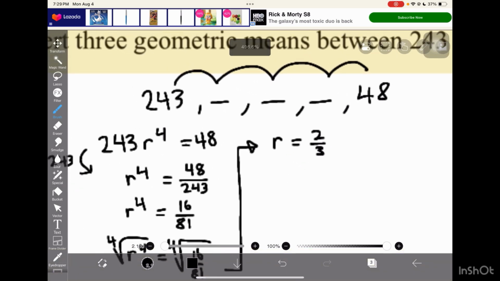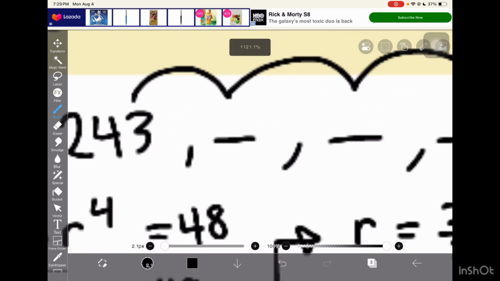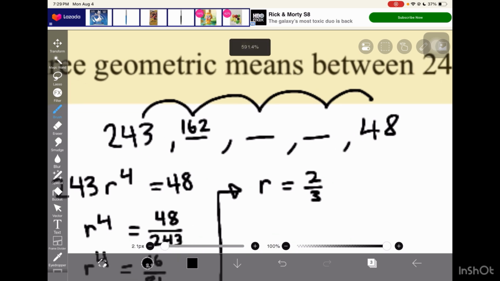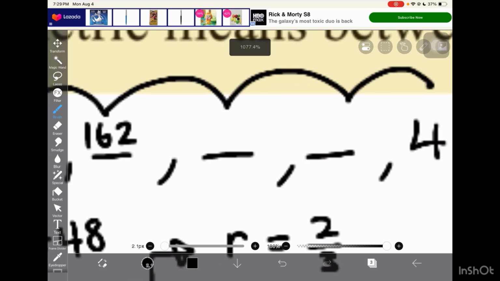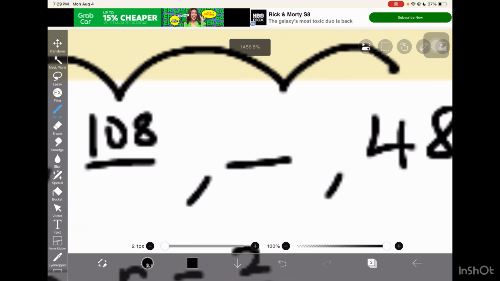And perfect, we now have the common ratio. Let's multiply this by our first term, 243 times 2 over 3, that's going to be 162, and then 162 times 2 over 3, that's going to be 108. And then 108 times 2 over 3, that's going to be 72.